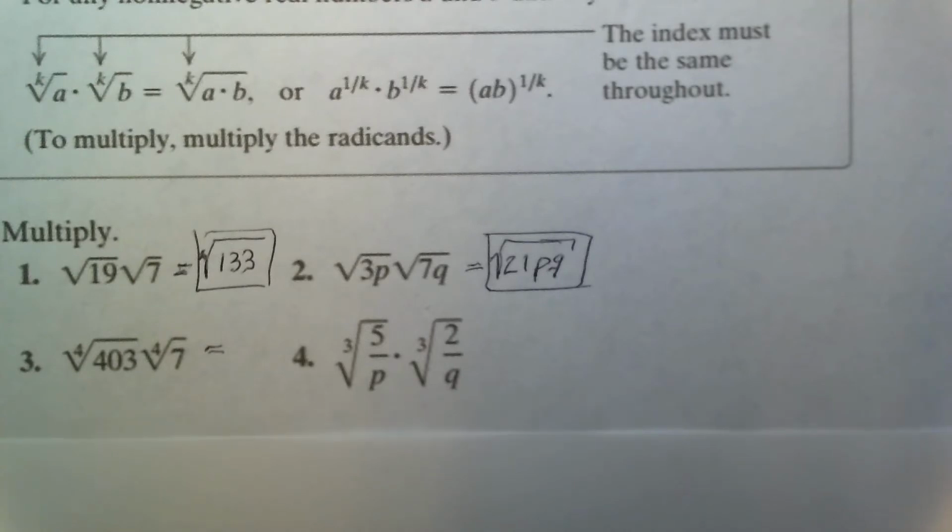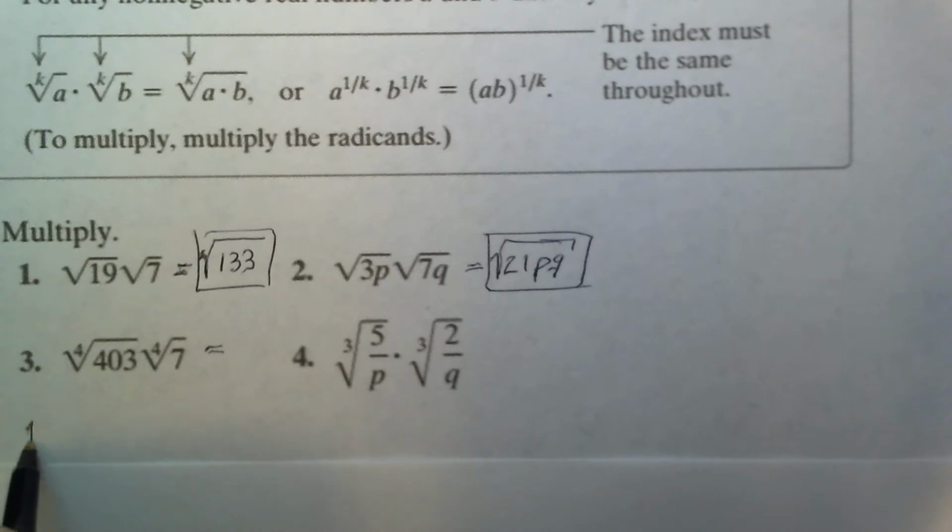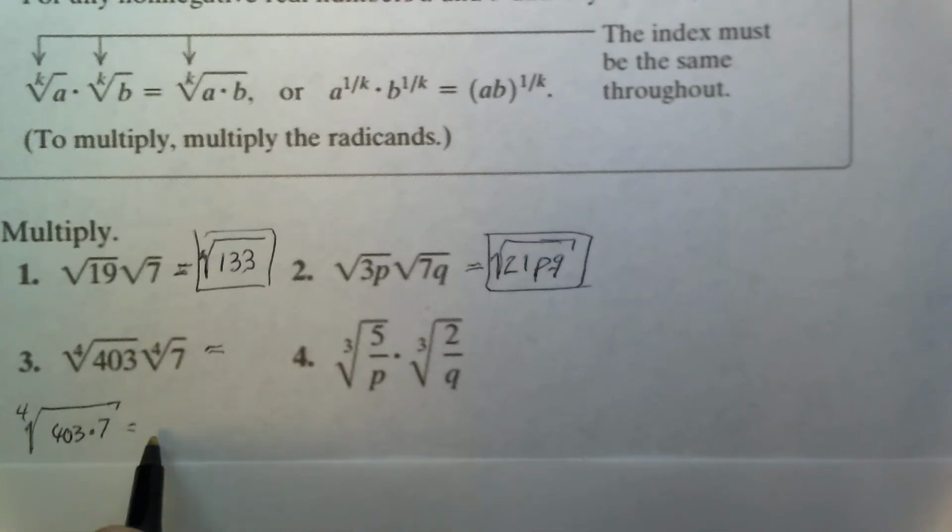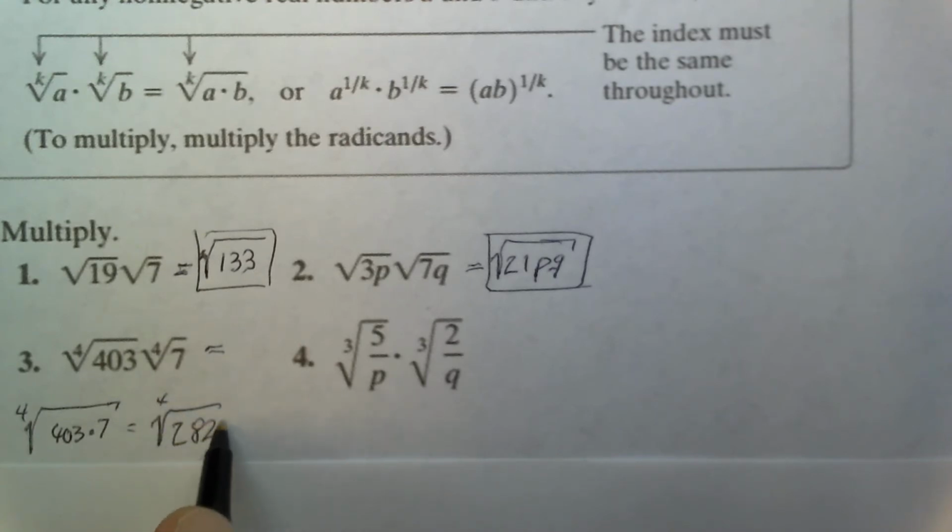So for number 3, that's equal to the fourth root of 403 times 7, and that's equal to the fourth root of 2,821.